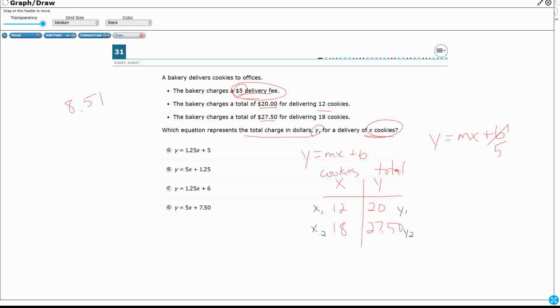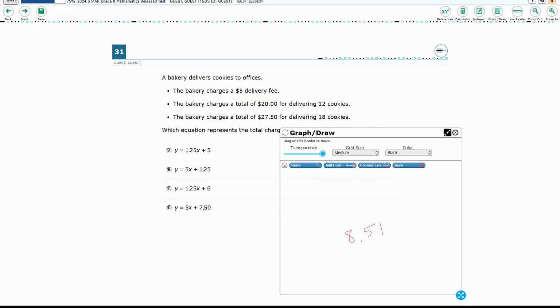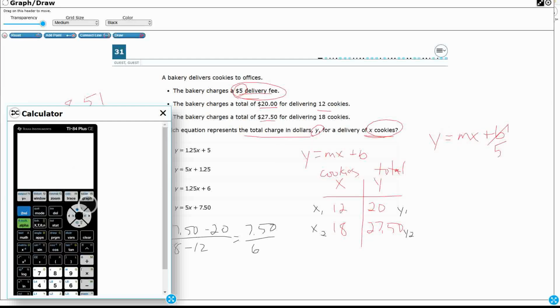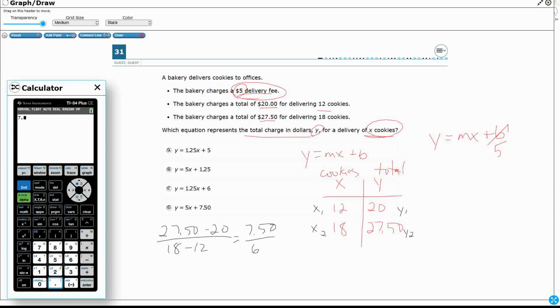And if I subtract those, I've got 27.50 minus 20 over 18 minus 12. That's 7.50 over 6. So let's divide that real quick. I've got 750 divided by 6. It's going to be 125. All right, so that equals $1.25 per cookie is what I'm thinking.